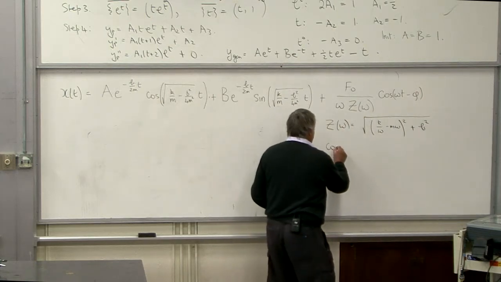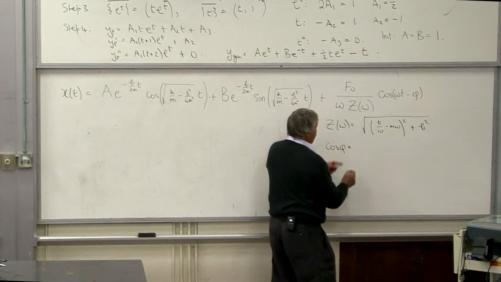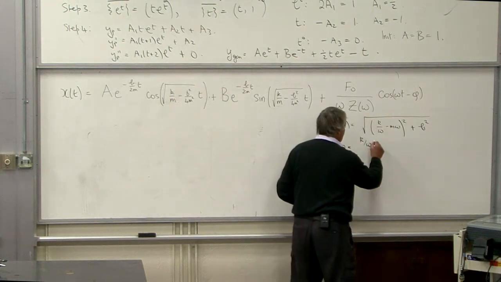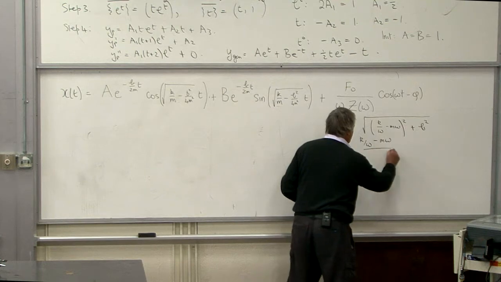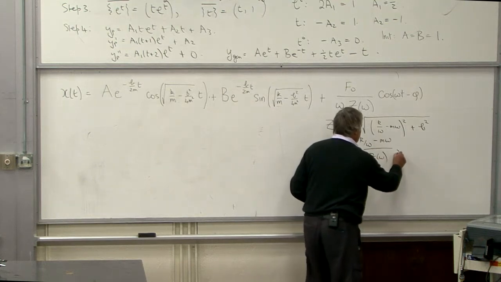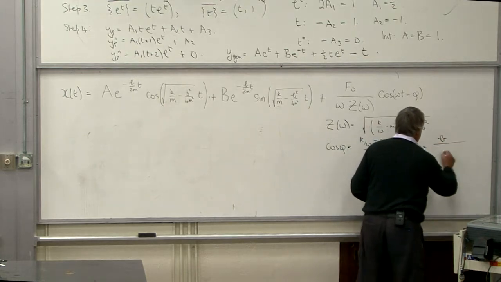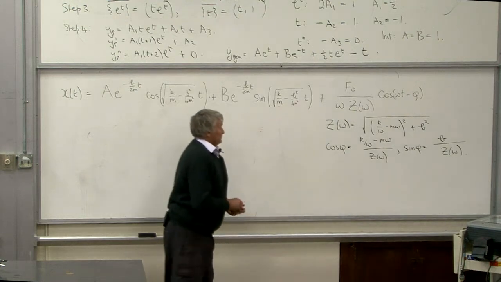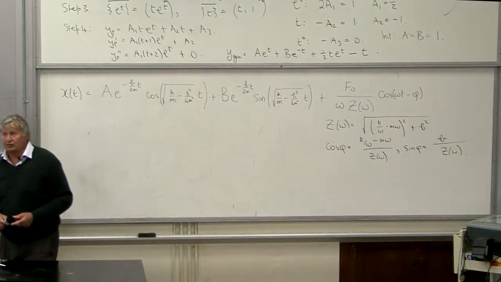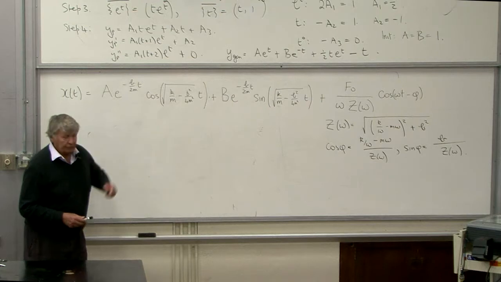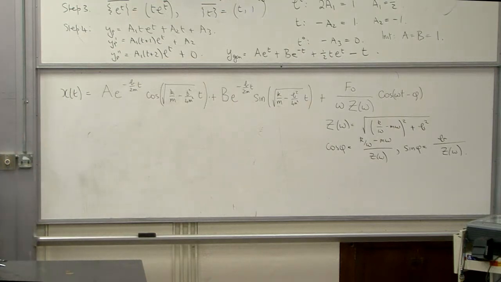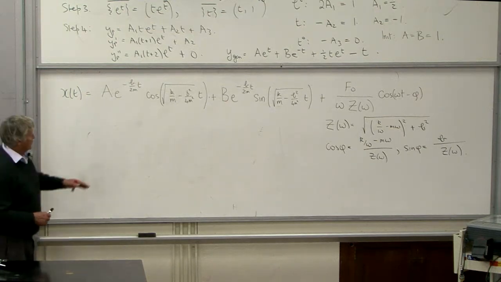The cosine phi is the reactance, which in this case is k over omega minus m omega, divided by Z of omega. And the sine of phi is the resistance divided by Z of omega. So this is what you get as the particular solution if you just follow the steps we did in last day's lecture. It's also done out very clearly in the notes.